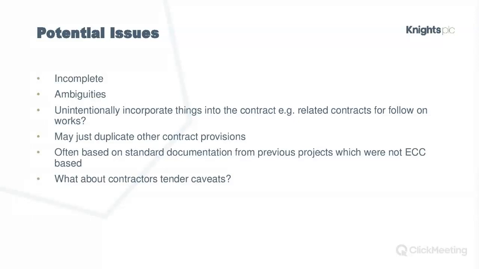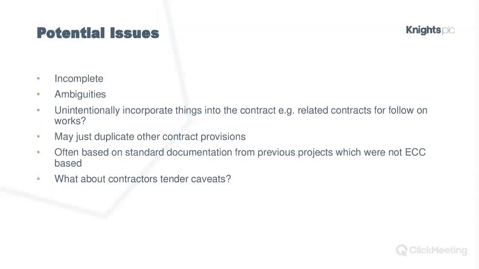Make sure that the works information is relevant to the work. What we see quite often is something that's clearly a scope of work drafted for a JCT contract. That should ring alarm bells when you're negotiating and reviewing a contract, because it might not contain all the list of things that the NEC guidance notes say that the works information should contain.